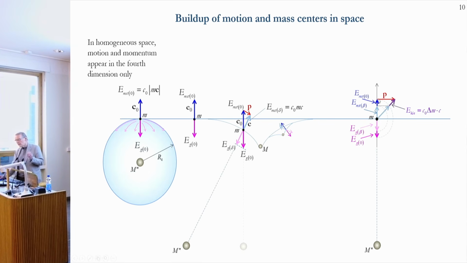When we obtain velocity at constant gravitational potential, then we need to bring extra energy into the object accelerated. And it can be expressed with terms c times delta, or delta m times c to the second, or as we can see here, it's necessary to make a difference between velocity of light in homogeneous space and the local velocity of light, which is a little bit smaller.